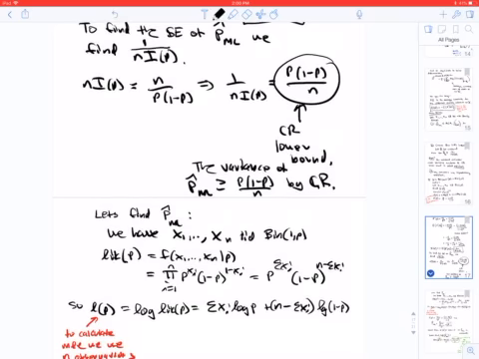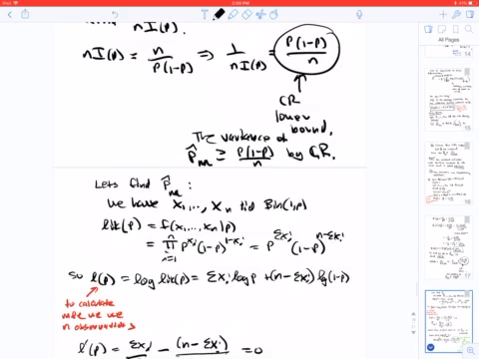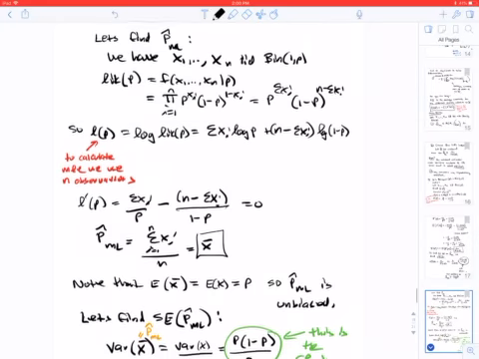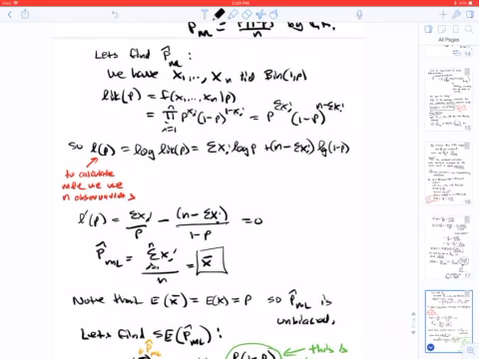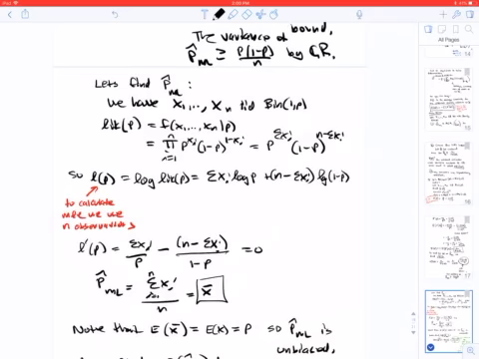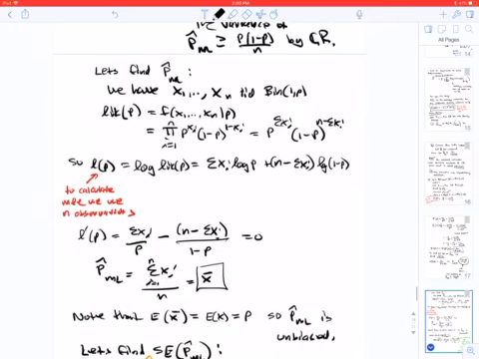Okay, so let's actually calculate what the estimator is, right? So we have a bunch of data, IID binomial, and so it's fairly straightforward to show that the estimator is going to be the average of these estimates.